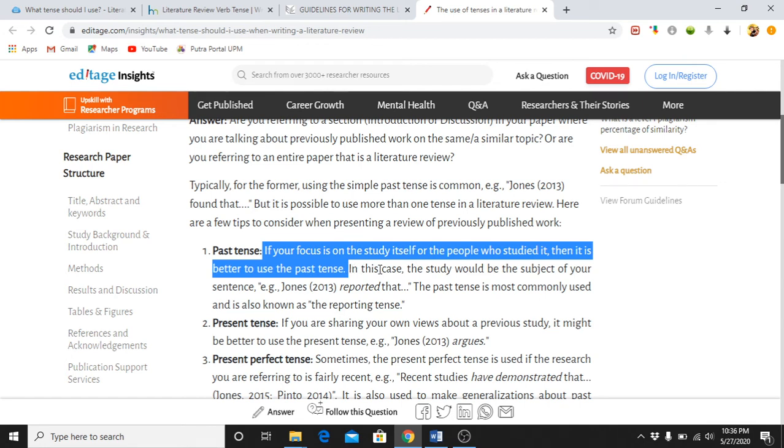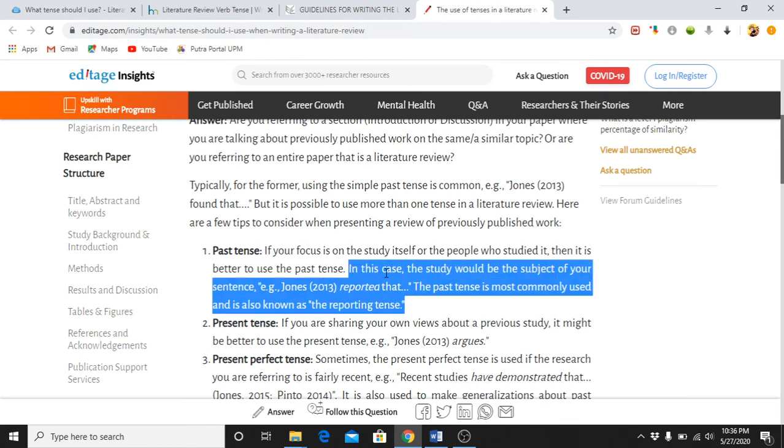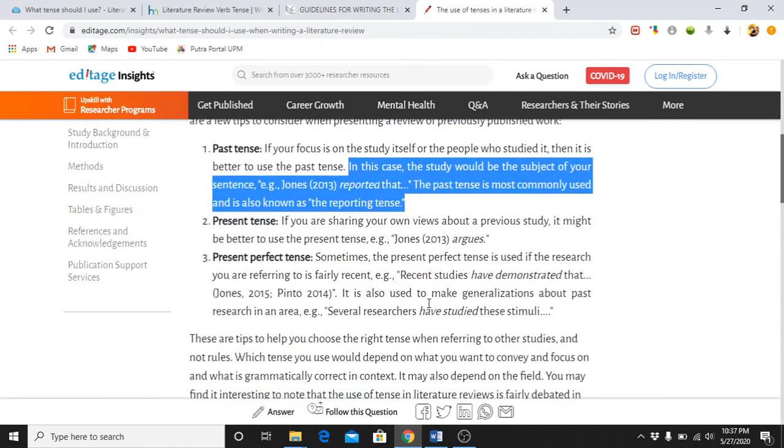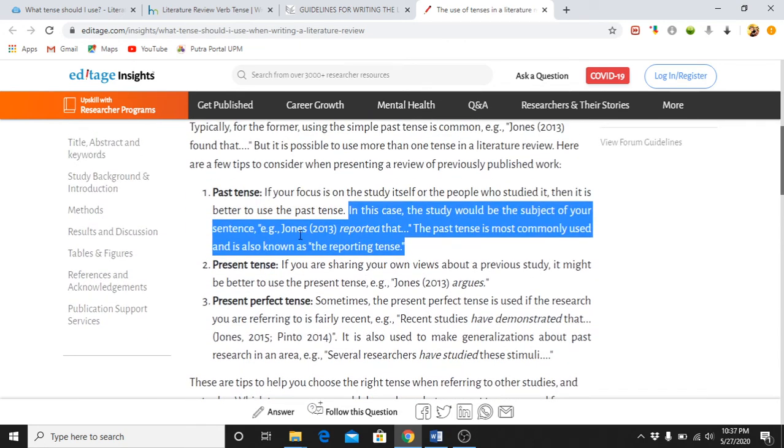In this case, the study would be the subject of your sentence. For example, Jones reported that the PCE increased when you maintain whatever. So the past tense is commonly used and also known as the reporting tense. We are reporting something that people have already done.